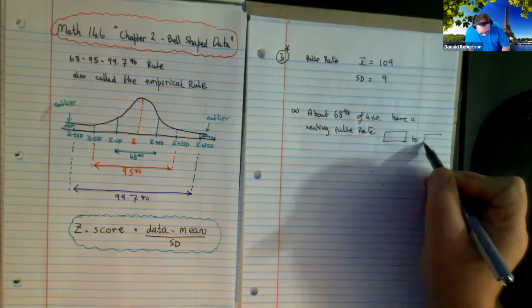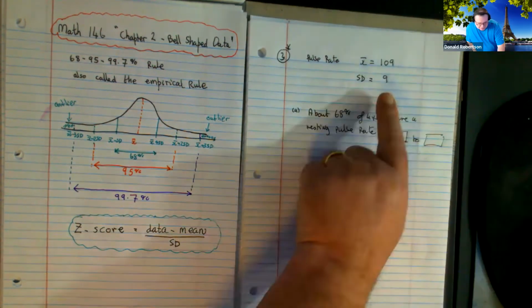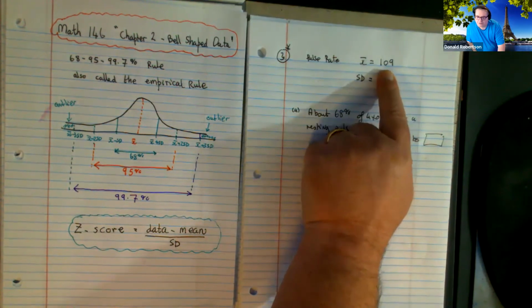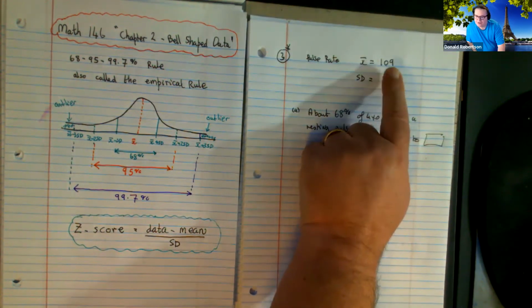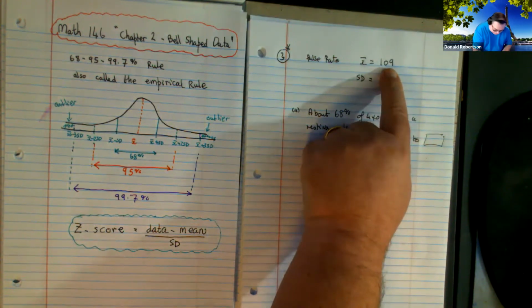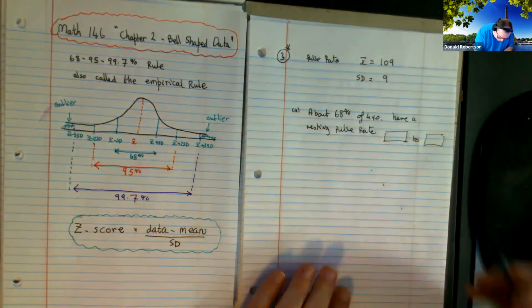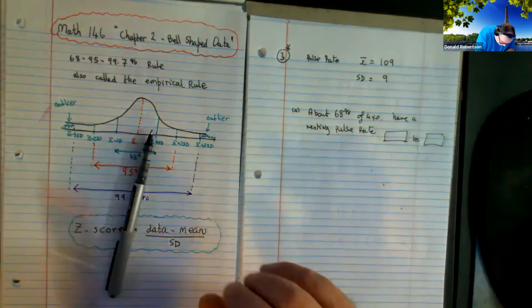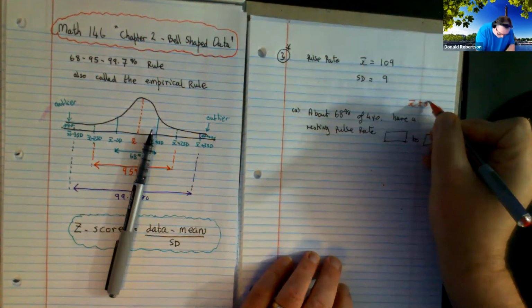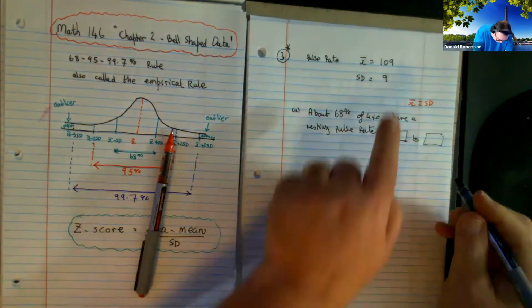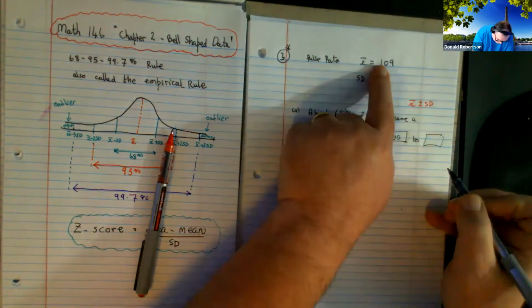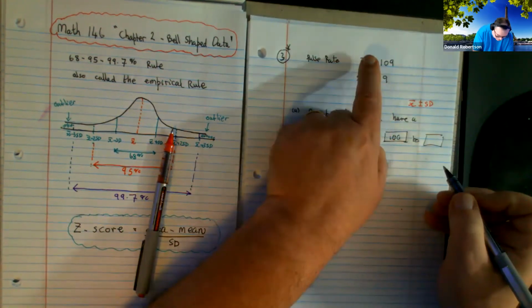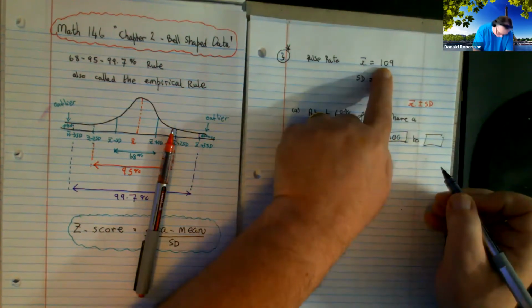Right, now if it's 68%, it's the mean plus or minus 1 standard deviation, agreed? 68%, the mean plus or minus 1. So the numbers I'm about to get come from that. If you take 109 and subtract 9, you get 100. And if you add 9, you get 118.